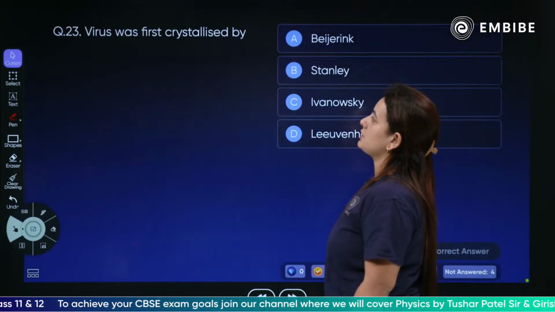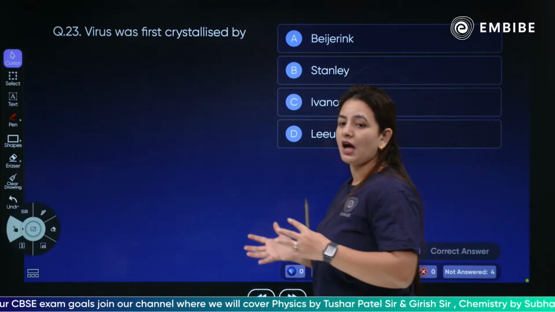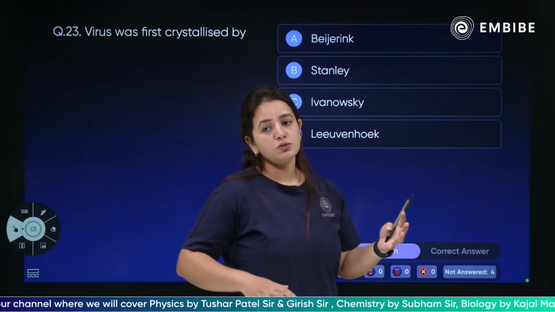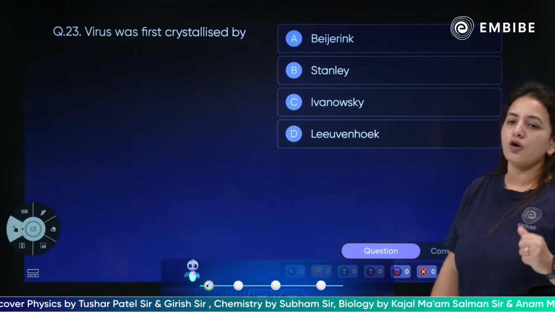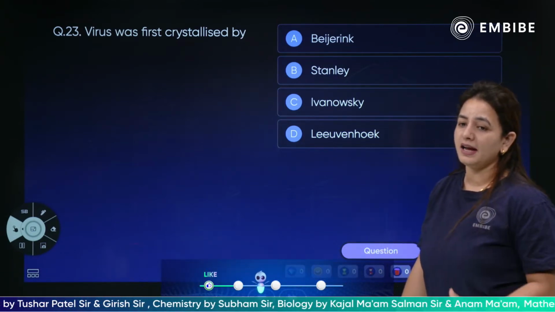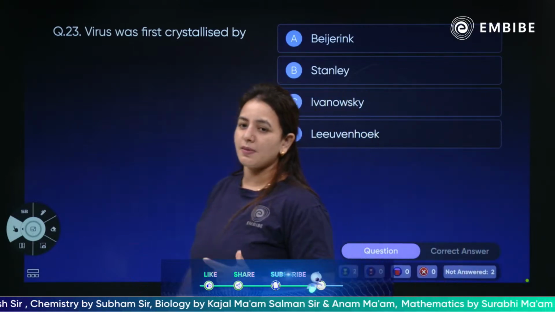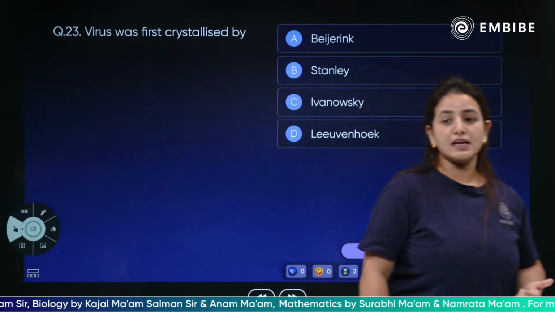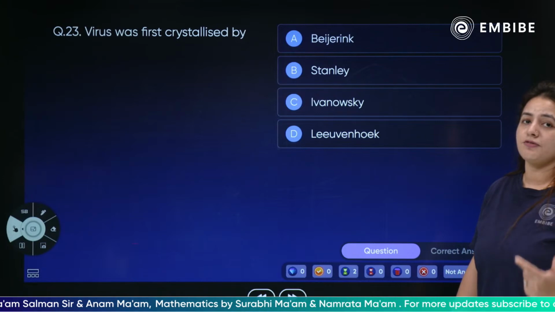Okay, next question. Now we are switching to the viruses, children. We are done with practicing the fungi questions, switching to the other topic, which is the viruses. The viruses were first crystallized by Beijerinck, Stanley, Ivanovsky, Leeuwenhoek, who crystallized the viruses?